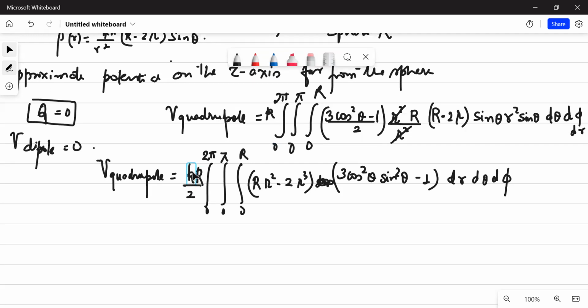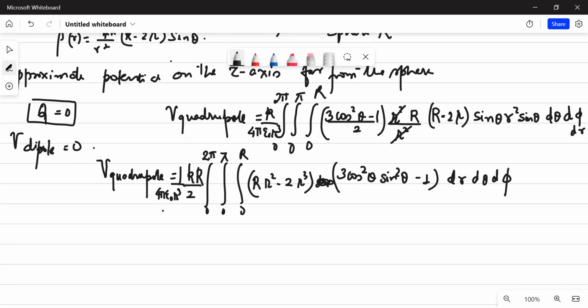This is not that k. So that 1 upon term we have also forgotten, so we have to write it, divided by 4 pi epsilon naught r cube. Isn't it? That part also we have to write. So we have to write 1 upon 4 pi epsilon naught, R cube also we have to write, right? So I will write here 1 upon 4 pi epsilon naught r cube.